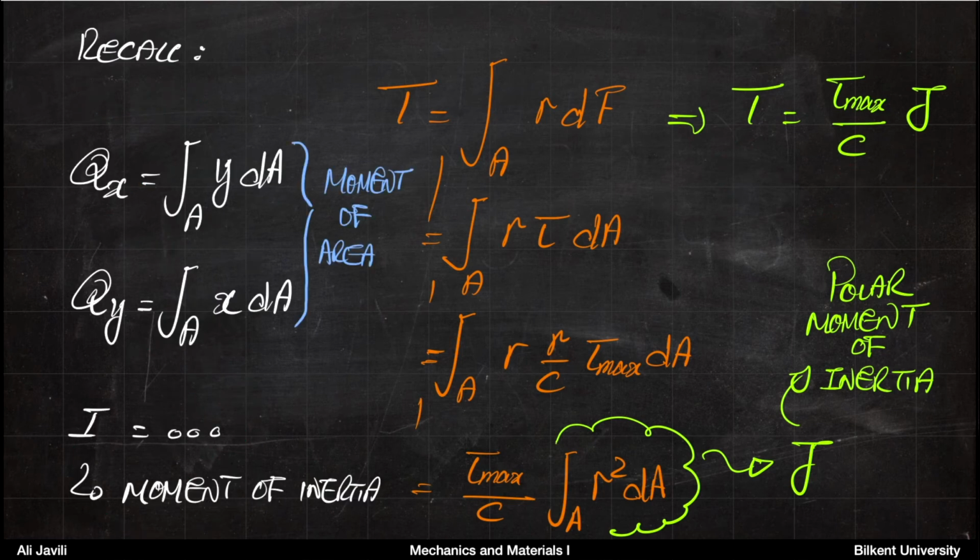Before I proceed, I want to talk about the moment of inertia a little. So you should not confuse the polar moment of inertia J with the moment of inertia that we have later, and we call that I. And also similar to that, we had moment of area. So we had our first moment of area, if you remember.